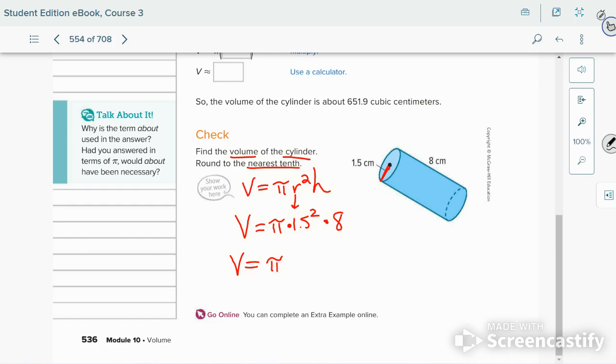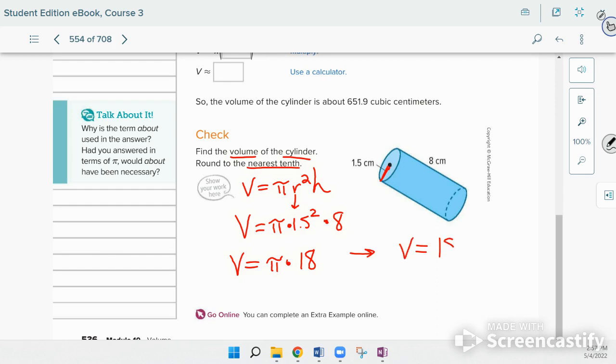We can leave the pi in there, and right here we get exactly 18. So if we wanted to write the exact answer with an equal sign instead of an approximately symbol, we would just write it as 18 pi. Now, it didn't say to do that, but this right here is the exact answer.